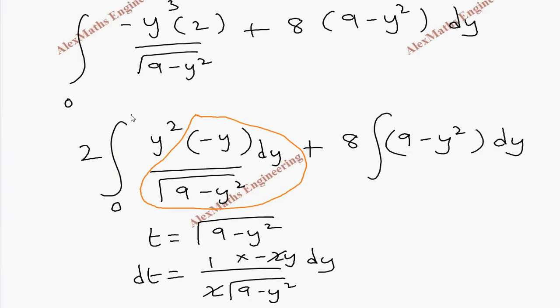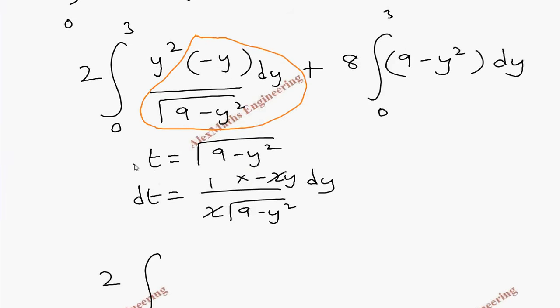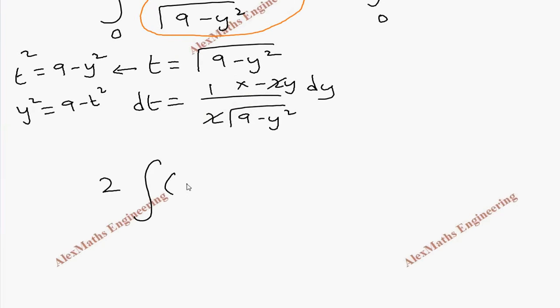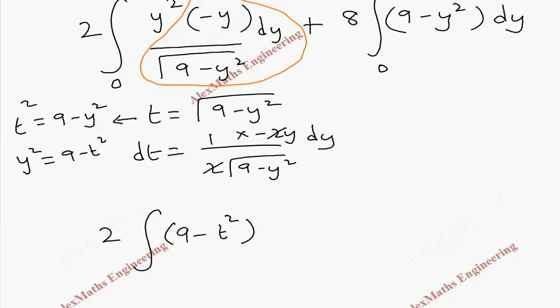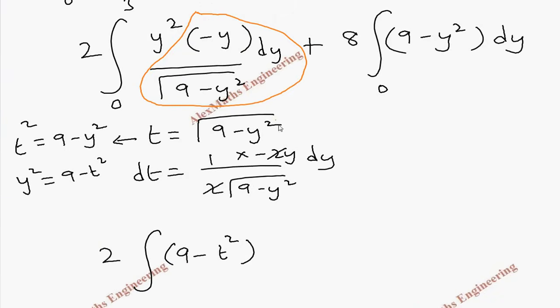That will be here as it is. This is the limit of y. But y square I have to square this and take. That is, t square is 9 minus y square, and from this y square is 9 minus t square. So this is 9 minus t square, and the rest of the term, that is minus y dy by root of 9 minus y square, is here, which is nothing but this dt.